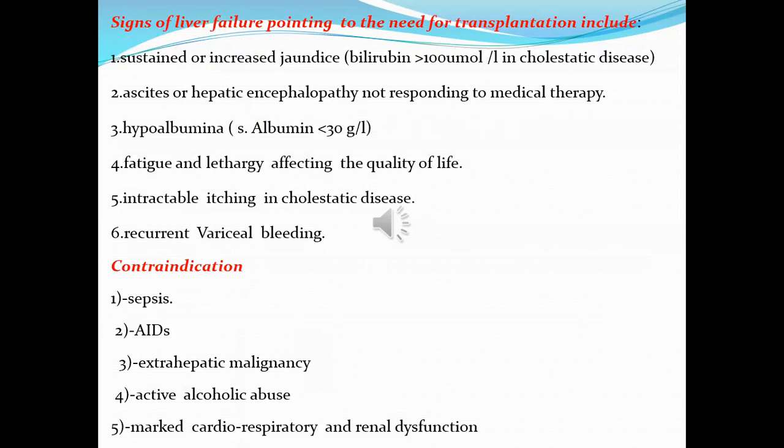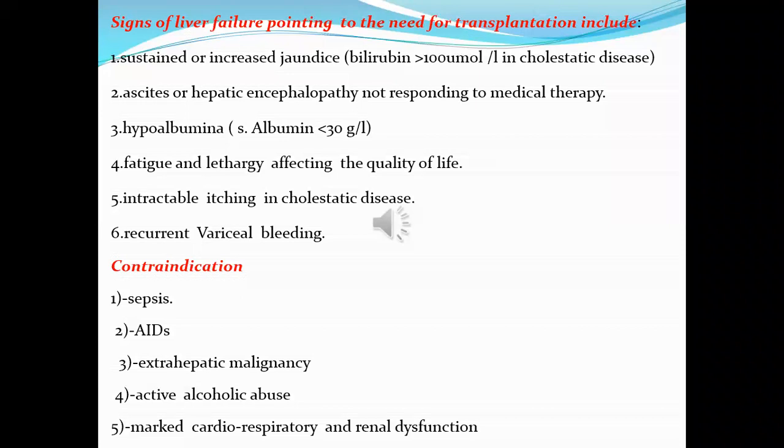What are the signs of liver failure pointing to the need for liver transplant? What are the indications in the patient to be referred for liver transplant? Firstly, sustained or increasing jaundice, more than 100 micromole, especially in cholestatic disease.